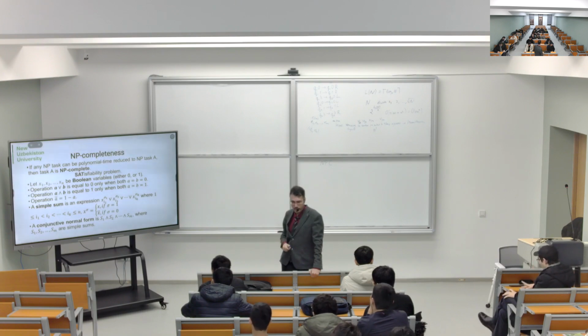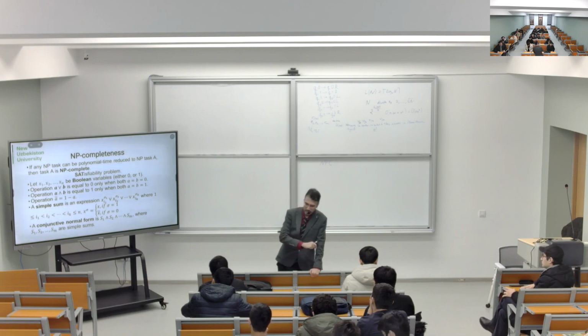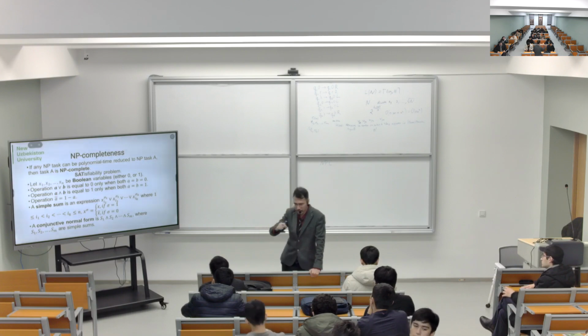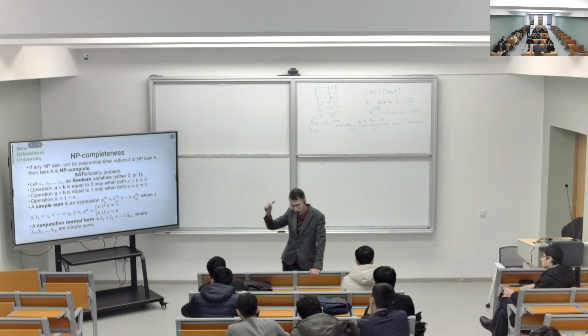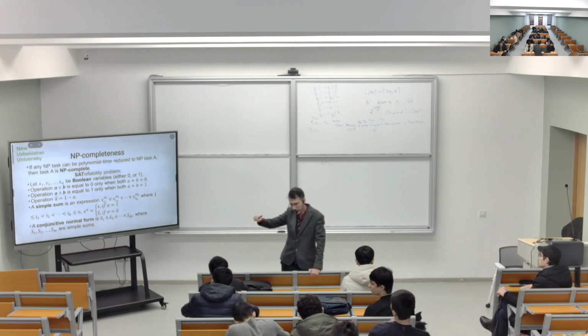So it means this is the hardest task that is non-deterministic polynomial. Any task that is non-deterministic polynomial can be translated, so reduced in polynomial time, to an NP complete task. We can solve it and get the answer of the task itself.